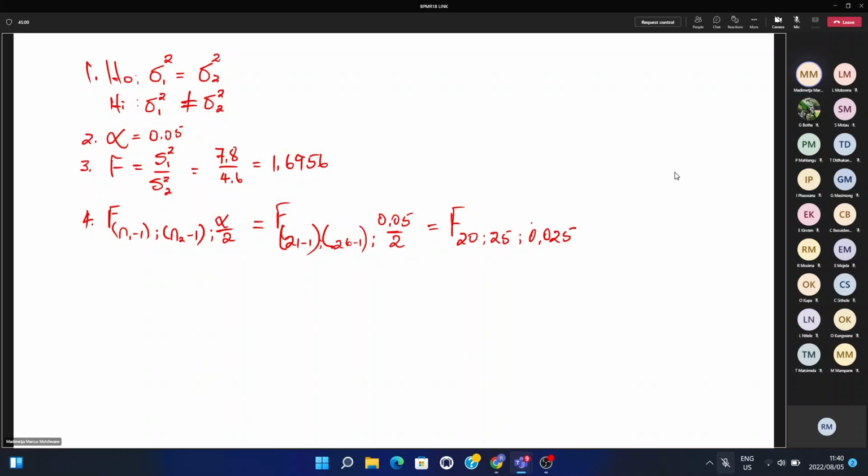And if we read this off the F table, it should give us 2.3 from the F table. I want to bring the F table.